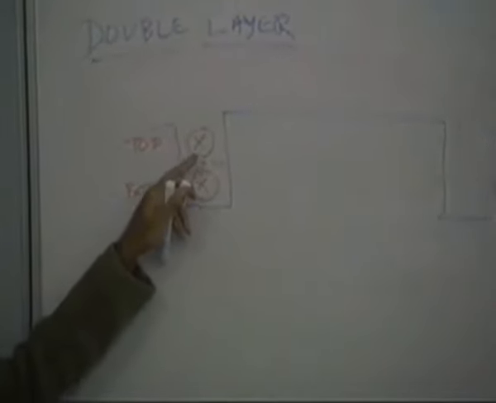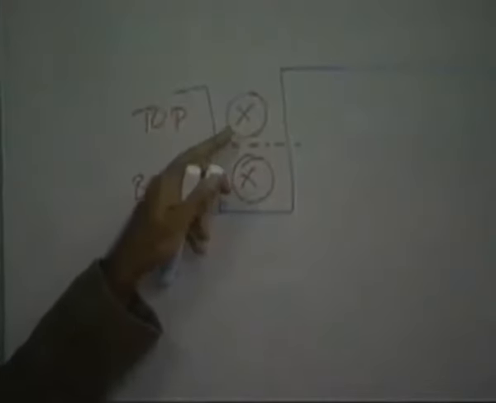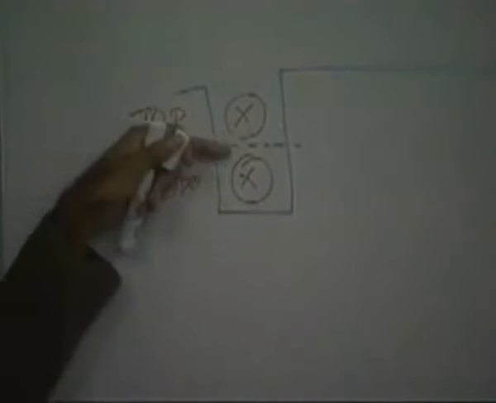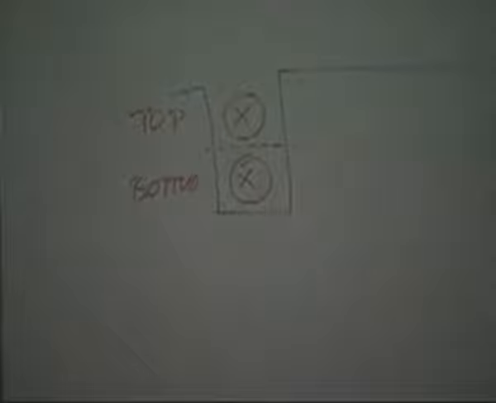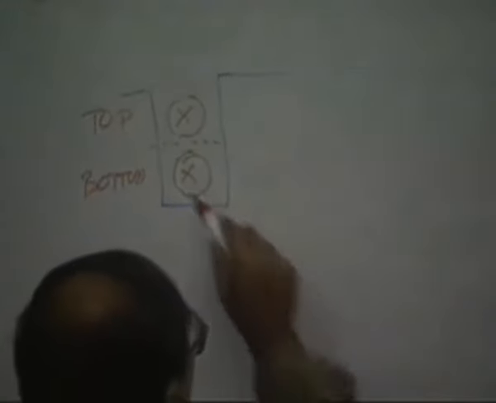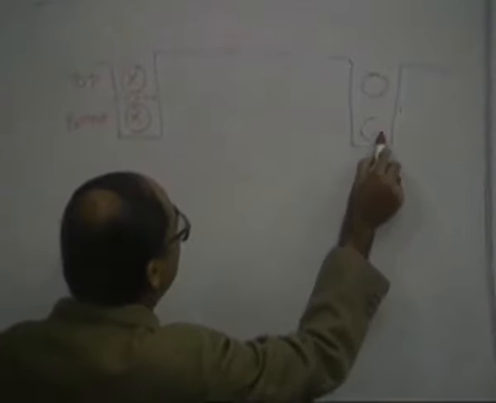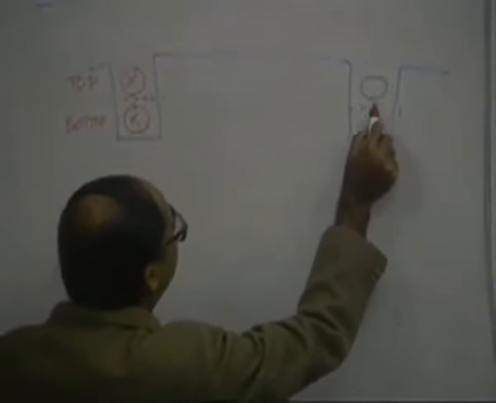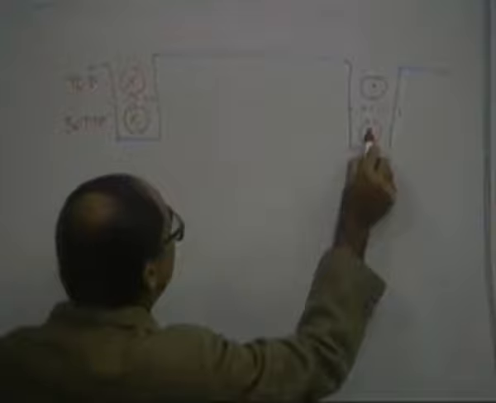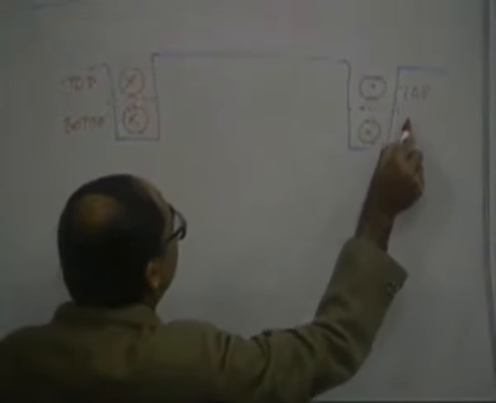So there may be a coil side, one on top, one on bottom, separated by suitable insulation. And the other end of that coil will again go to another slot. Again there will be 2 layers. Let us say again this is a top layer and bottom layer.